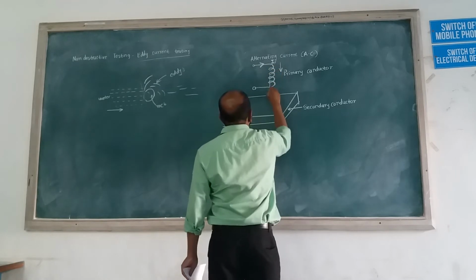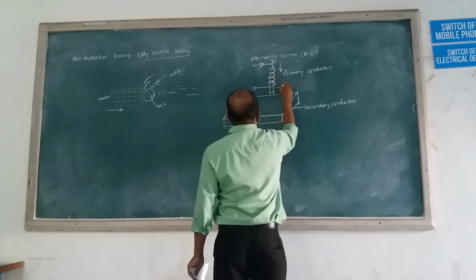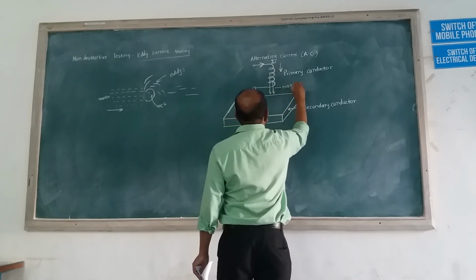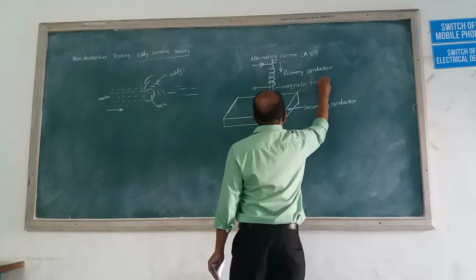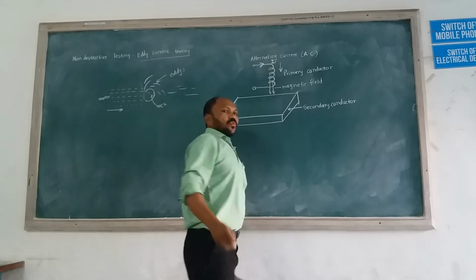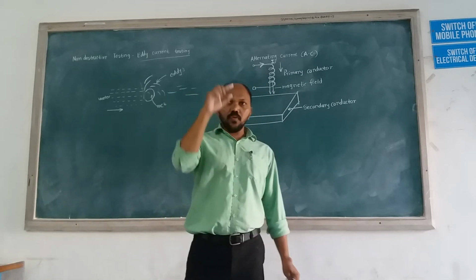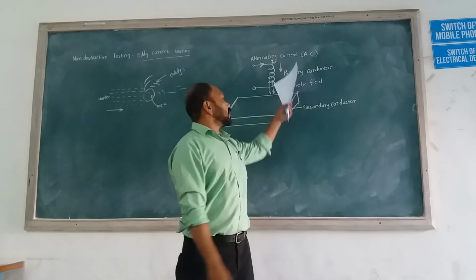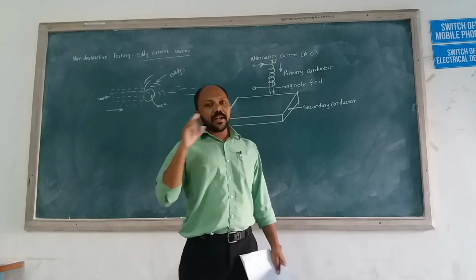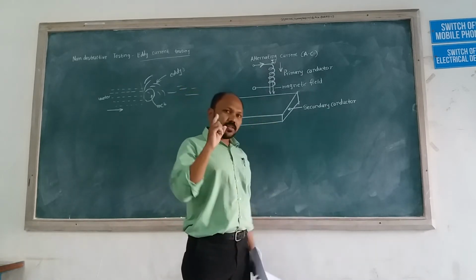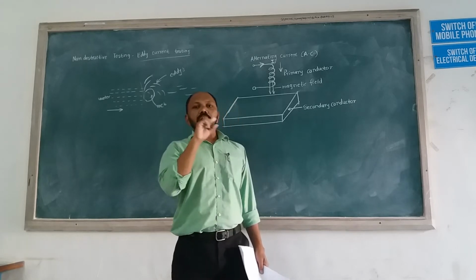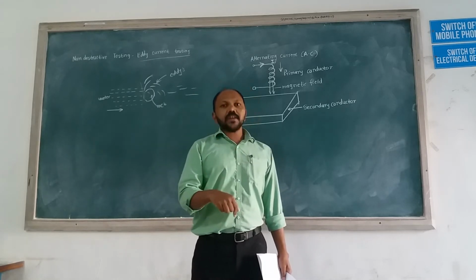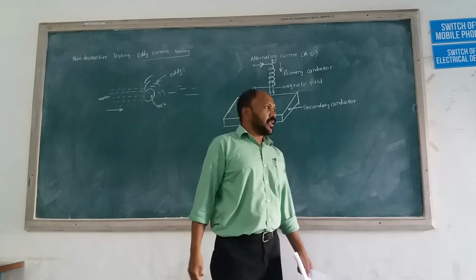When the current flows through this primary conductor, around that, these are nothing but coils. So if the current flows through this coil, then a magnetic field gets generated around the coil.